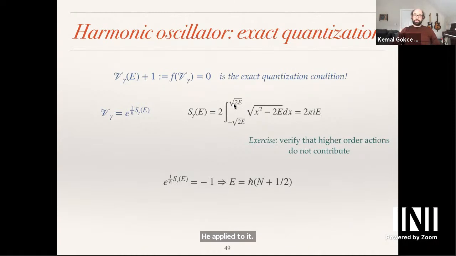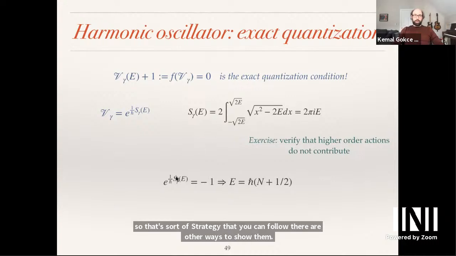And because the leading order term is linear in E, all those higher order derivatives acting on the lowest order action will give you 0. Okay, so that's a strategy that you can follow. There are other ways to show that, of course.